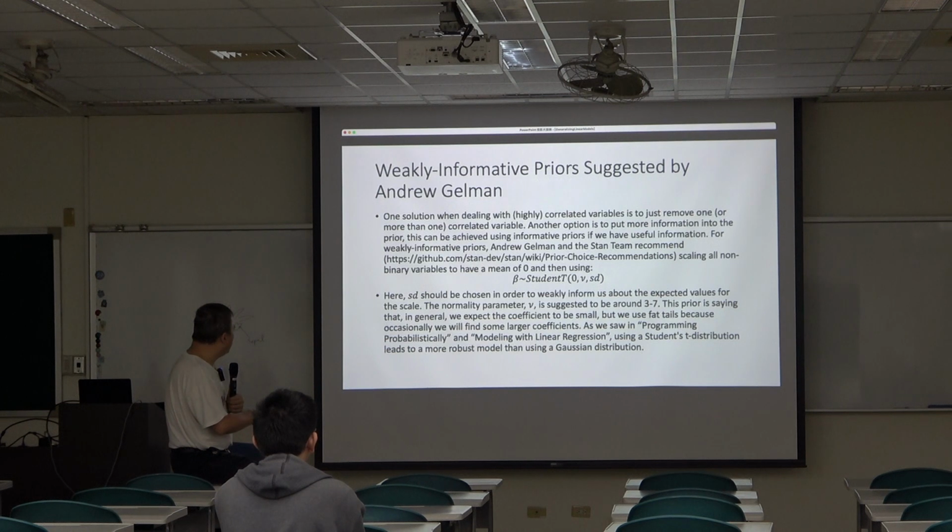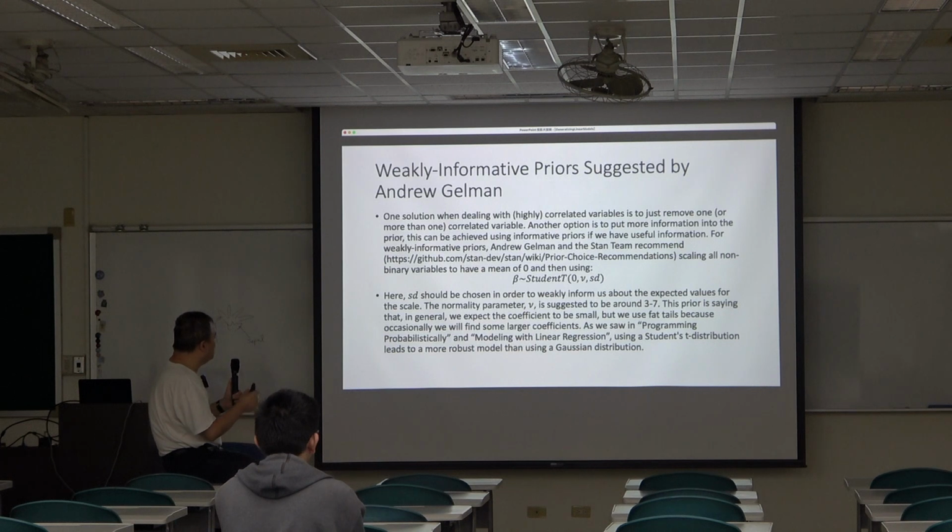Scaling all non-binary variables to have a mean of 0, and then use a Student's t distribution with mean 0, ν and the SD. SD is chosen in order to weakly inform us about the expected value for the scale.